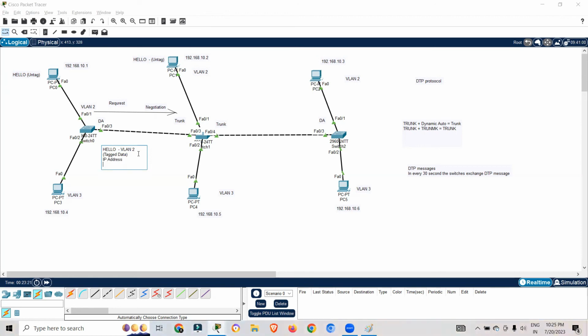The information added was first of all the VLAN information, the source information, source MAC address, destination IP address, destination MAC address. All this information including the VLAN information is called encapsulation. Encapsulation means adding some information with the data.